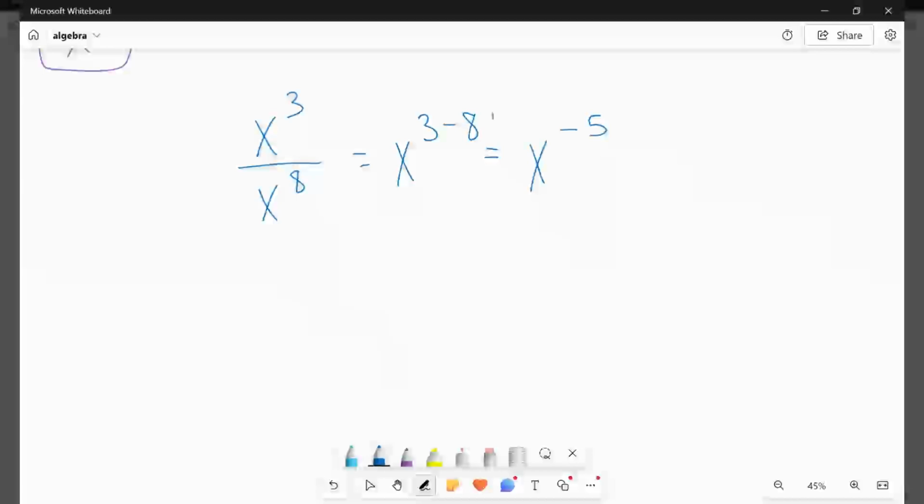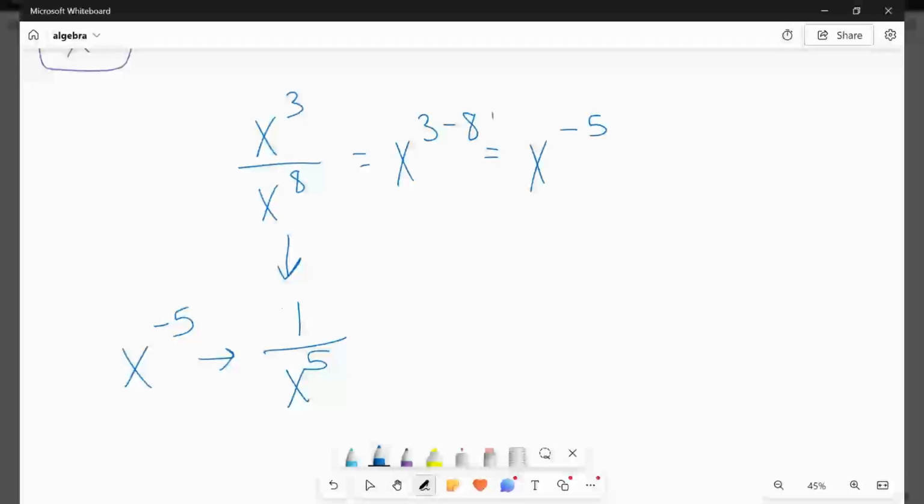When we have a negative exponent, or in the case where the larger exponent is on the bottom of a fraction, we will do 1 over x to the fifth power. So we had x to the negative 5, and we simply can turn that into 1 over x to the positive fifth power.